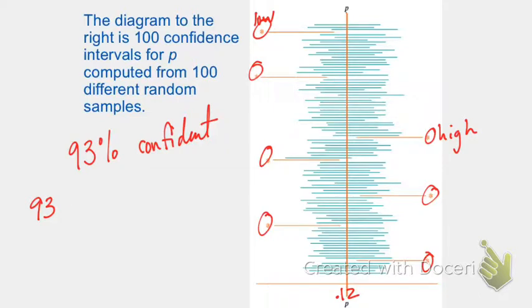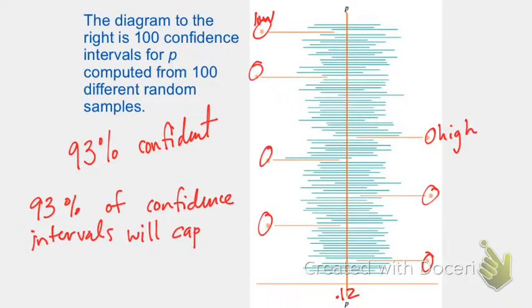So 93% of the confidence intervals will capture the population proportion, so in this case, the 12%. And 7% of them will not.